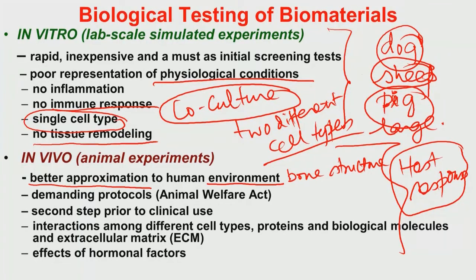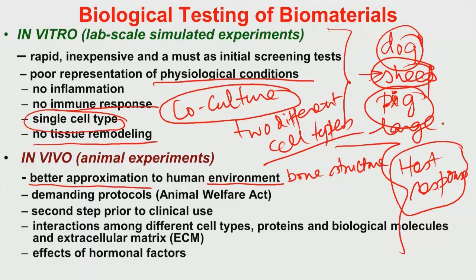The third one is the sheep model. The sheep model is very good because its bone structure and microstructure, as well as bone remodeling, are very close to the human system, and many people use the sheep model.